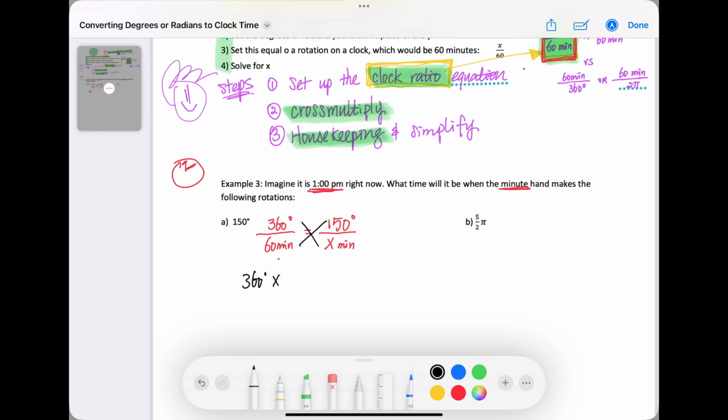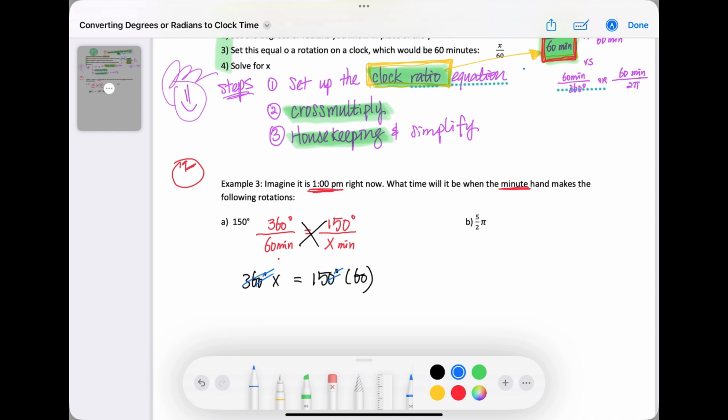Cross multiply. So you got 360 degrees times x, that is equal to 150 degrees times 60. Now we mentioned that degree and degree cancel out. The 0 and 0 cancel out.